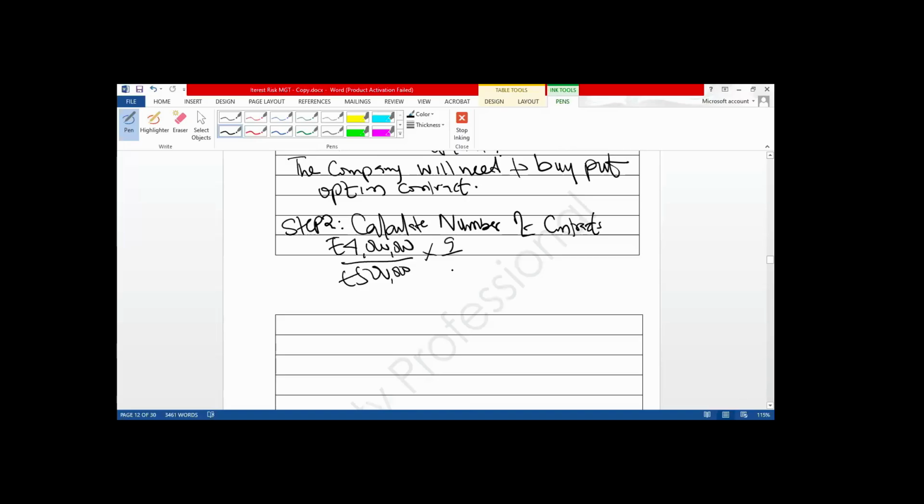Then divided by 3. This is 24 contracts. The same thing we did in interest rate option. Step 3. Determine the contract expiring dates to use.